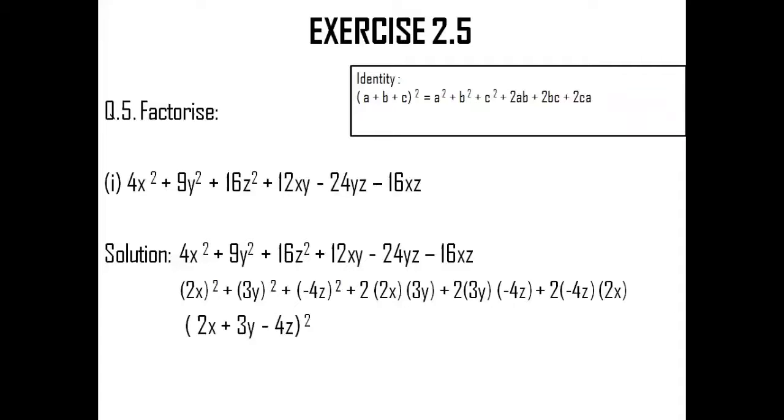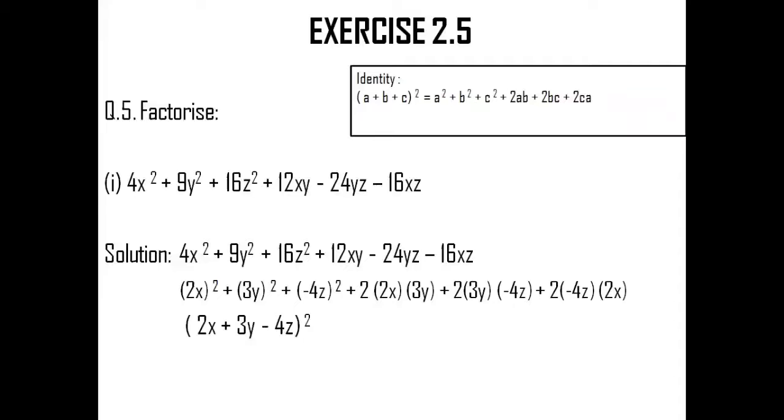But what do I need? I need minus 24yz. So I have to take one of the terms as negative. So which one shall I take negative? Whether 3y or 4z. Now if I take 3y to be negative, then I have to replace all the 3y with minus 3y. And that will change the result of the previous step, wherein it is 2 into 2x into 3y, which gives you plus 12xy.